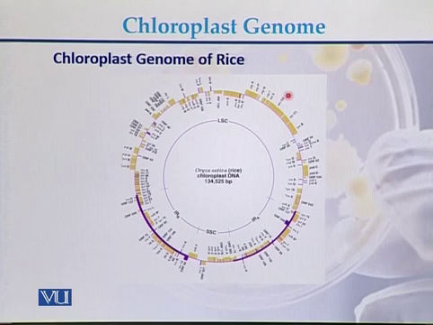Here we can see that all these genes are present in three different locations of the chloroplast genome of rice. These genes are present in the region called LSC, these genes are present in the region called SSC, and here are the genes present in the inverted repeats, inverted repeat B and inverted repeat A. So this is the list of all those genes present on the chloroplast genome of rice.